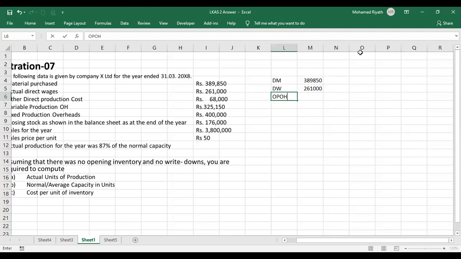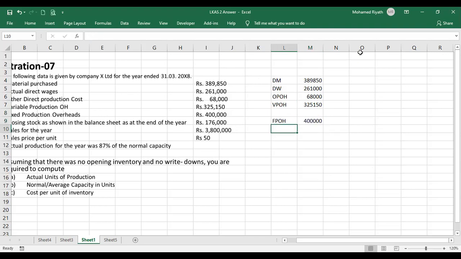Other production overhead 68,000, and variable production overhead, that is 325. Same question, no? Same as earlier. Then fixed production overhead: how much? It's 400,000.